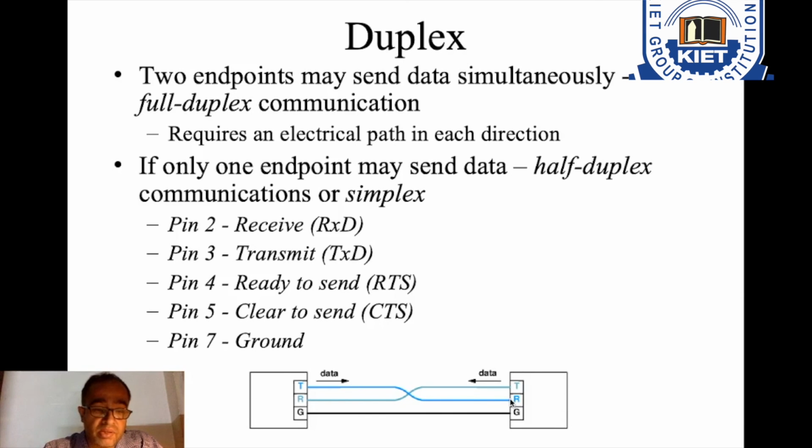In full duplex mode, sending and receiving can happen simultaneously. We have these particular pins on the RS232C which are used in data transmission. Pin number 2 is for receiving, pin number 3 is for transmission, pin number 4 is for ready to send, clear to send, and ground.